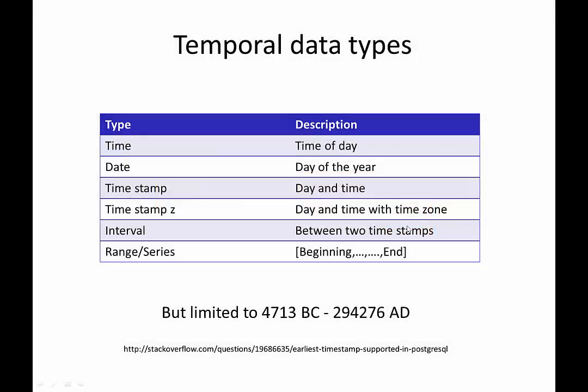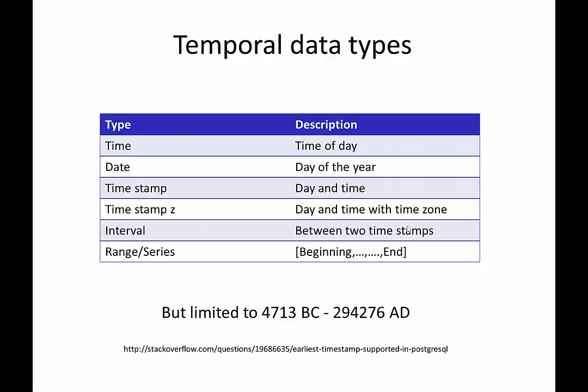Okay. Right, so a variety of different types of temporal data types. So obviously sometimes you only have the time of the day. So there's a time data type that just stores time of the day. Date, just the day of the year. A timestamp is a day and a time. A timestamp Z is a day and a time with a time zone.